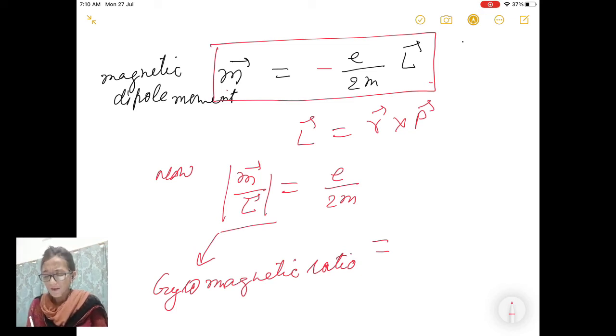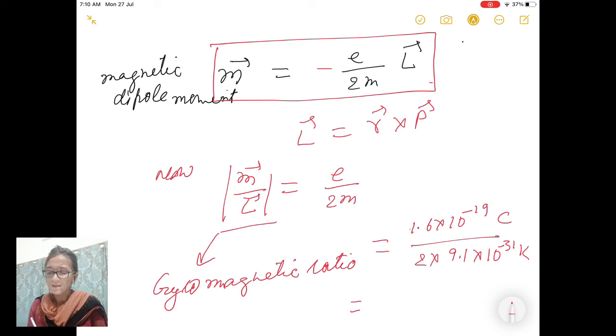If you write the value of e, charge on electron 1.6 into 10 power minus 19 coulomb, upon 2 into mass of electron, which is 9.1 into 10 power minus 31 kg, it will come equal to 8.8 into 10 power 10 coulomb per kg. So this is your gyromagnetic ratio.